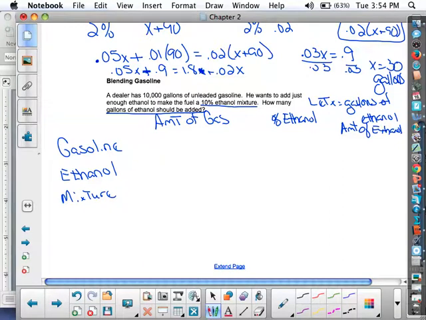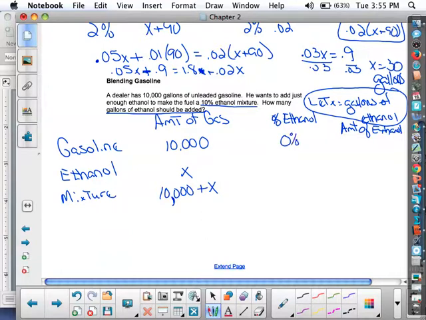So gasoline, I have 10,000 gallons. x, remember, is the amount of ethanol that I'll be adding. When I'm done, I will have 10,000 gallons of gas plus the ethanol that I've added. There is no ethanol in unleaded gasoline until the ethanol is added.